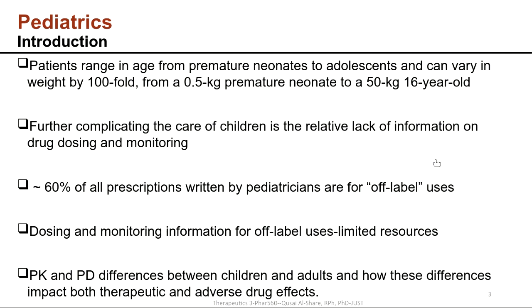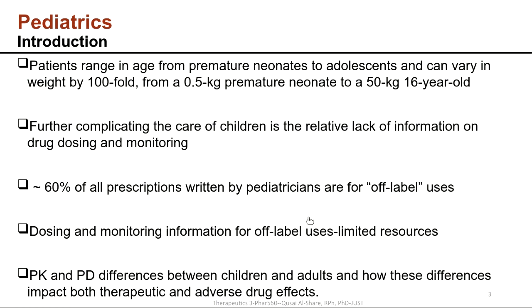And the other thing in children is the PK and PD differences between children and adults. Of course, there are differences in the pharmacokinetics and pharmacodynamics between children and adults, and we need to study how these differences impact the efficacy of the drug and the safety of the drug.